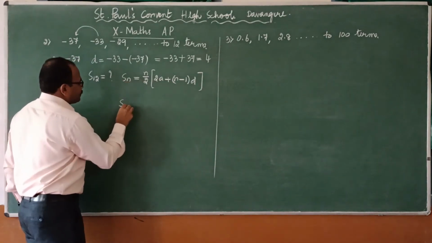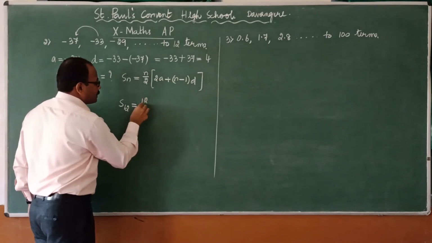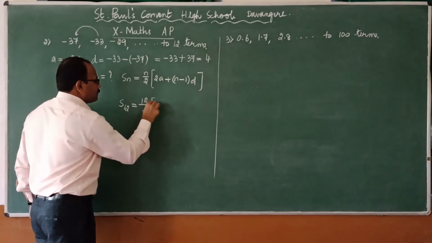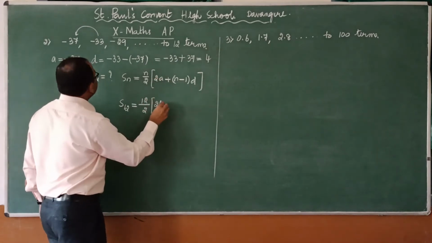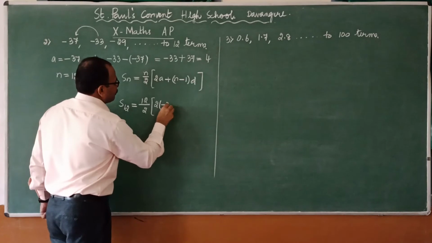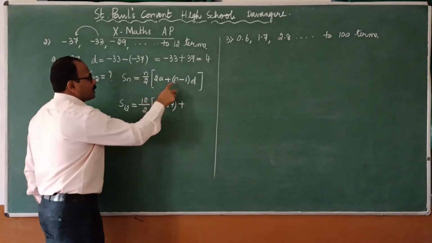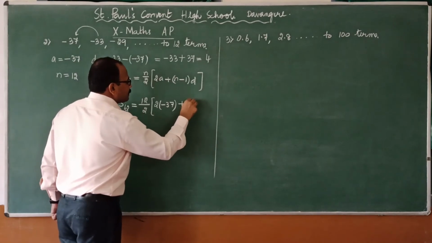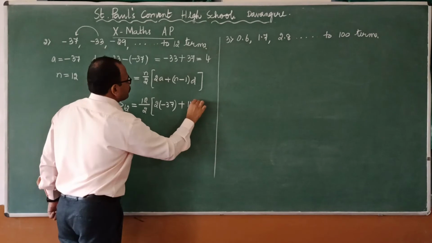Yes, n becomes 12, so S12 will be equal to n, the number of terms 12, by 2, children. This is 2 into a, which becomes minus 37, minus 37 plus n is 12, 12 minus 1 becomes 11, children. d is 4.